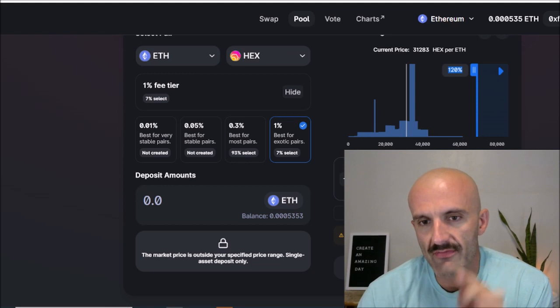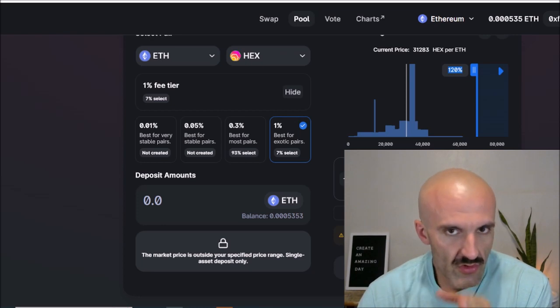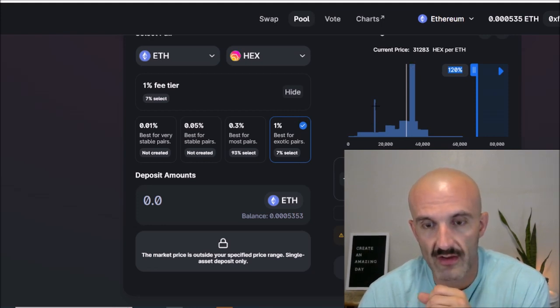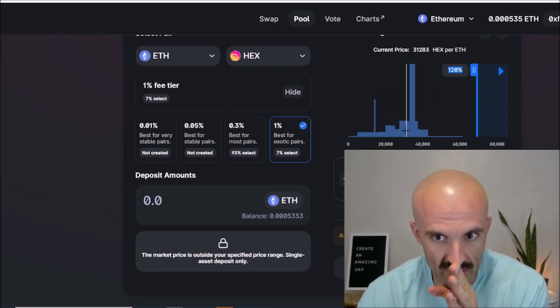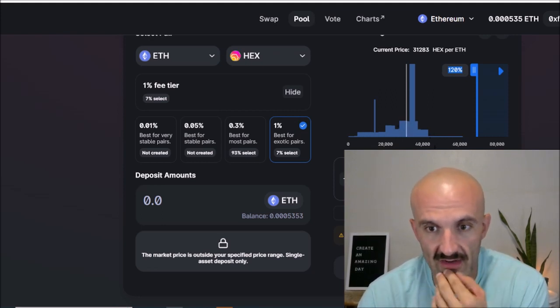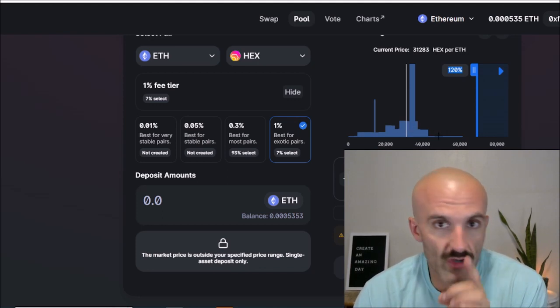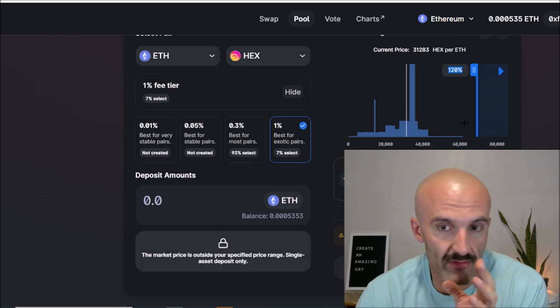Well, that means that if you were to supply liquidity to this pool, then you earn higher fees because there's some money that's in there that is not earning fees, i.e. this tall portion right here and this tall portion right here. Well, and then obviously basically anything not at the price at where this line is. Anything outside of this line is not going to be earning fees. So you could go in here and potentially earn higher than normal fees.